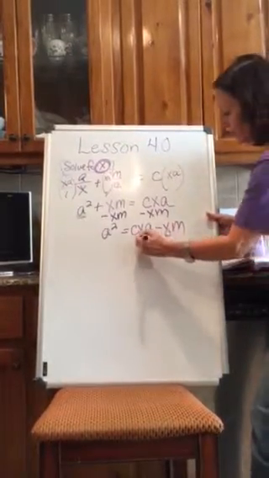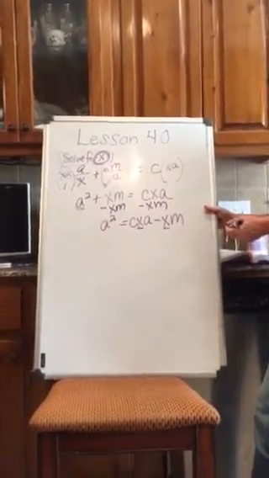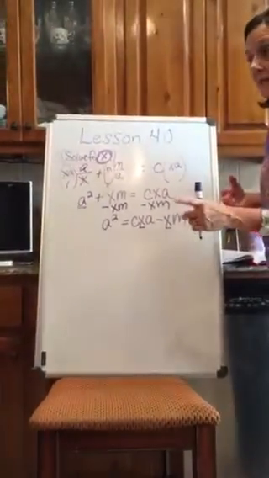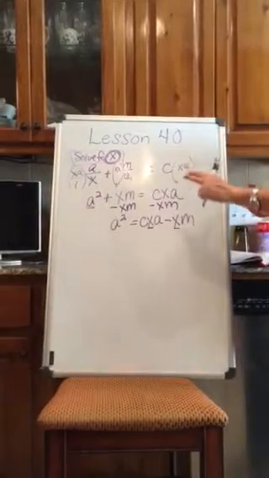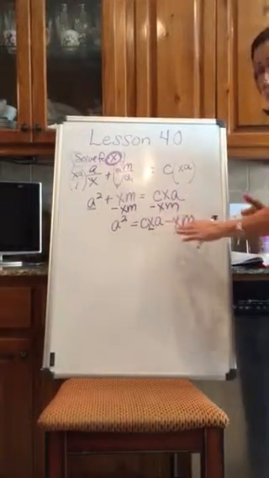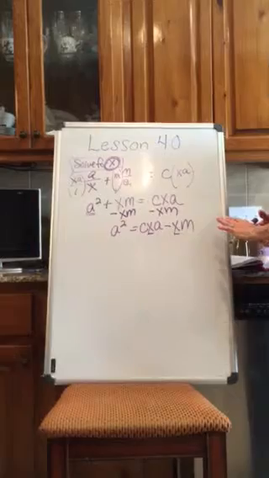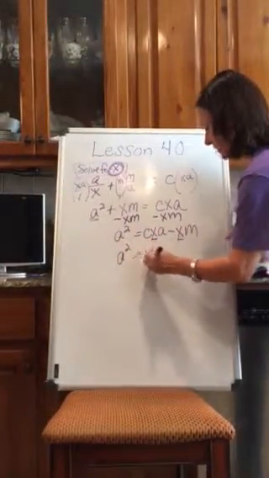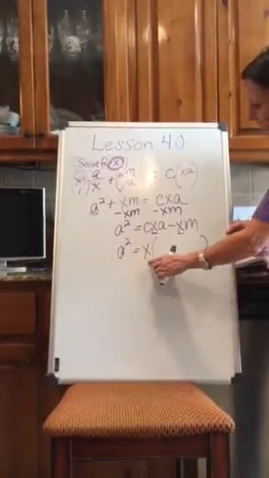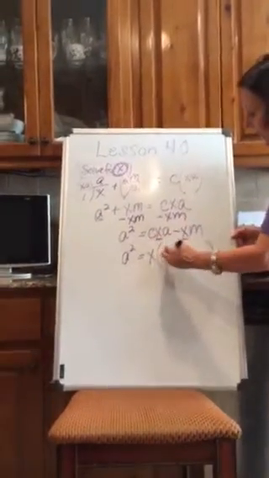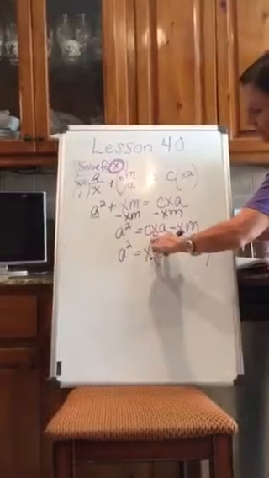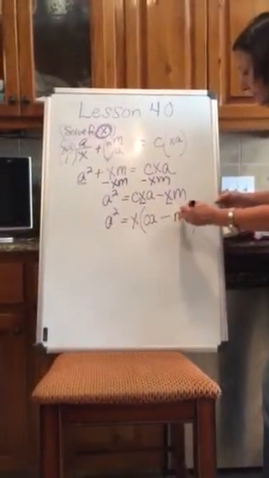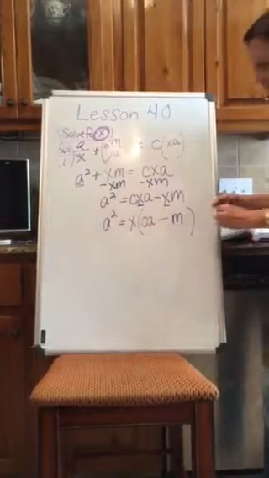Now both of these terms have x in them, so I can factor out the x. So that's the third step. First, you eliminate denominators. Second, you isolate that variable on one side of the equal sign. Now you factor it out. So if I factor out my x, x times ca gives me cxa, minus x times m gives me xm.